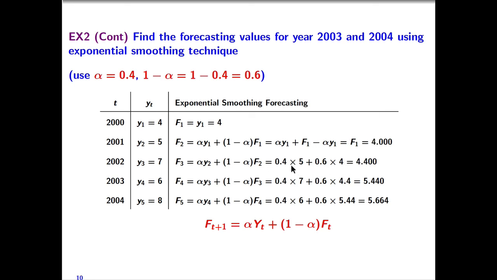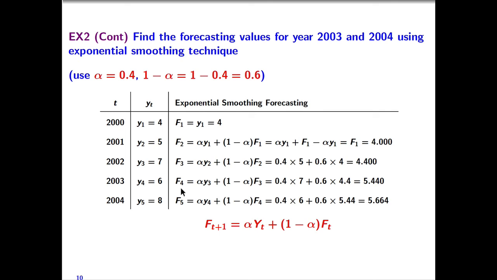So you will have 0.4 times 5 plus 0.6 times 4, which is 4.4. Now for F3, we have 4.4.